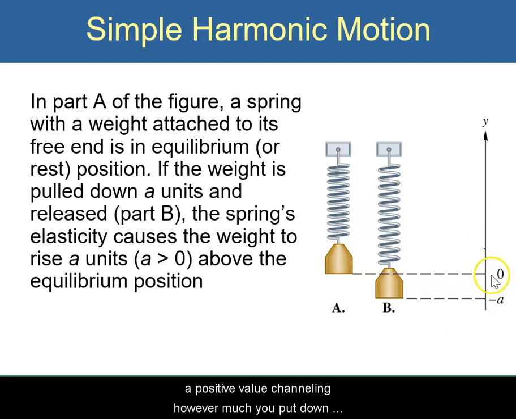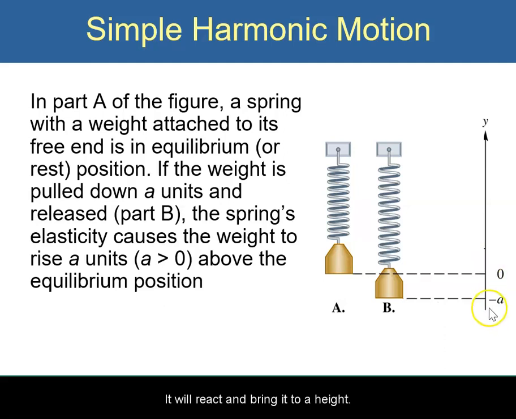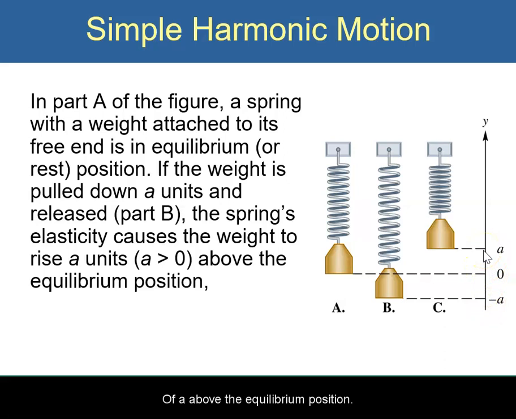Okay, generally, however much you pull it down is how much it will rise, right? So if you pull it down by a value of A, it will react and bring it to a height of A above the equilibrium position, okay?